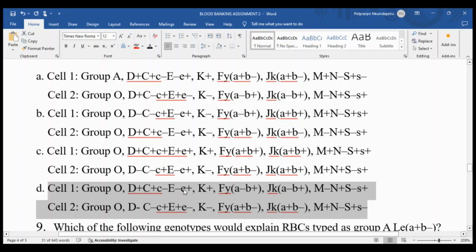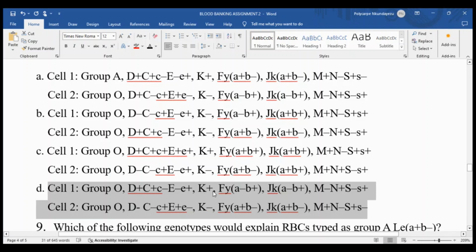So it means all Rh antigens are represented. On the side of Rh, it is the best because it shows all antigens in the Rh system. When you go to the Kell group, it is also significant.